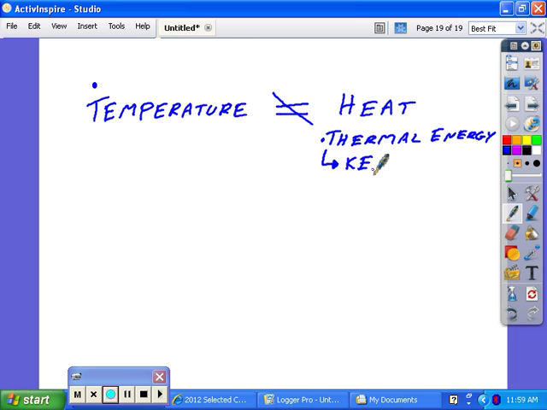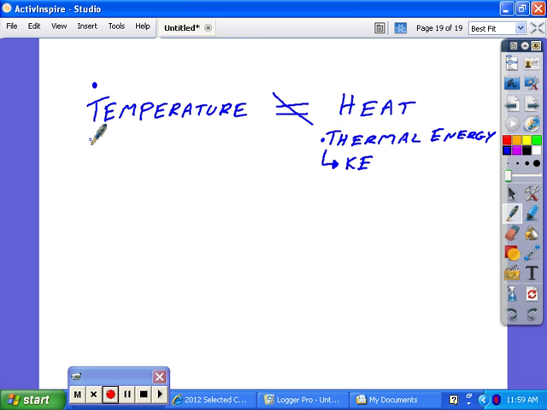The more that these individual particles vibrate, so here's my individual particle, the more that this thing vibrates, the higher the heat level. The less it vibrates, the lower the heat level. So basically thermal energy and kinetic energy are relatively similar in that regard. So heat is just the amount of thermal energy contained in the object.